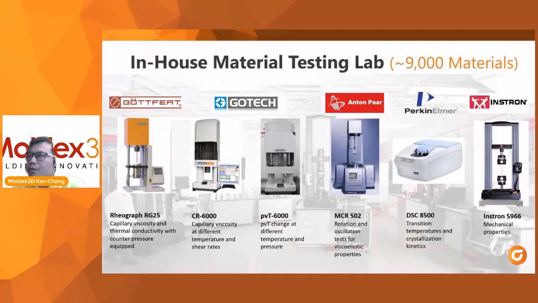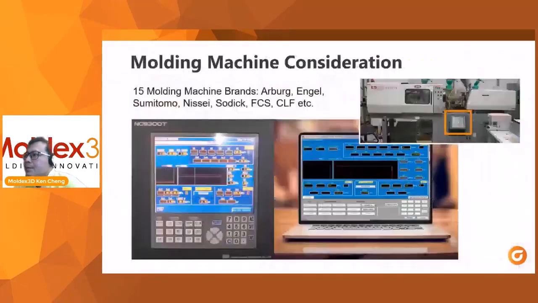Inside Moldex3D, we have more than 9,000 materials. We also have a material testing lab. We are able to measure the viscosity, PVT, thermal, mechanical property, etc. More advanced, inside Moldex3D we also have what is called machine mode.